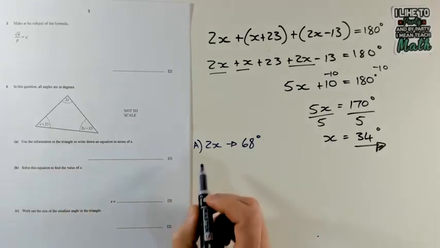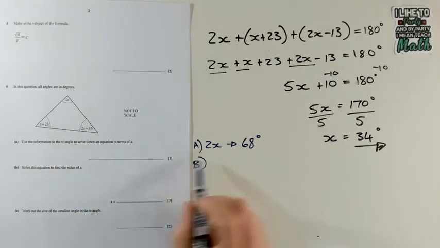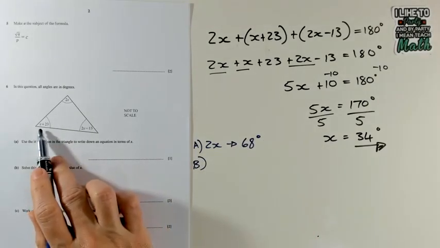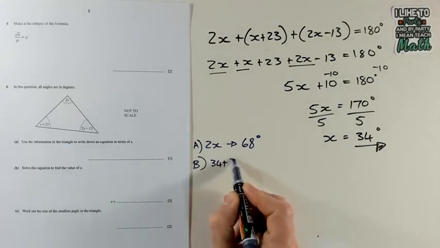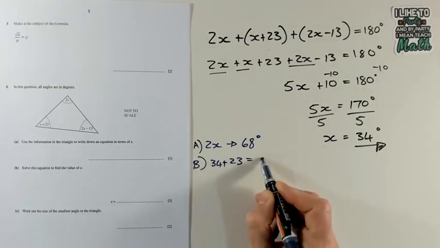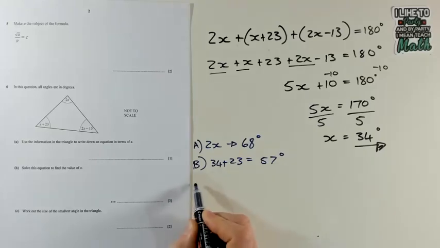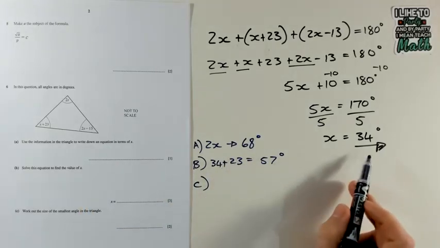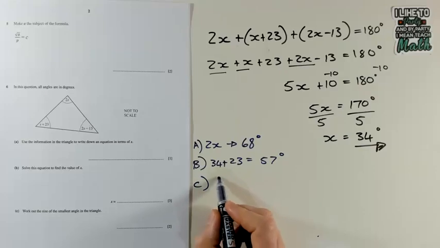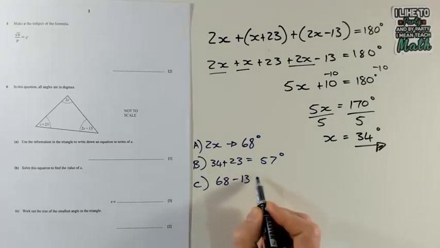B is going to be 34 plus 23, which gives me 57 degrees. And then C is going to be 2x minus 13, so the 68 minus 13.